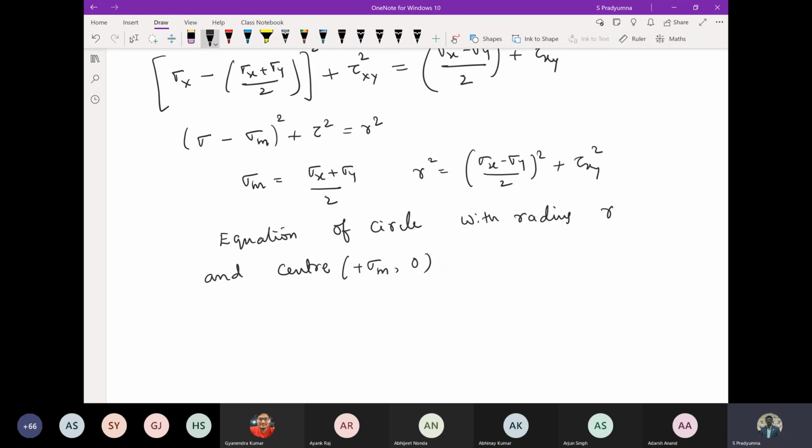These are for the rotated axis, right? Sigma capital X is the normal stress on a rotated direction, and tau XY is the shear stress on that particular plane, normal to the x-axis we are considering. So we can get the value of sigma capital X and tau capital XY for any orientation of the inclined plane we are considering.